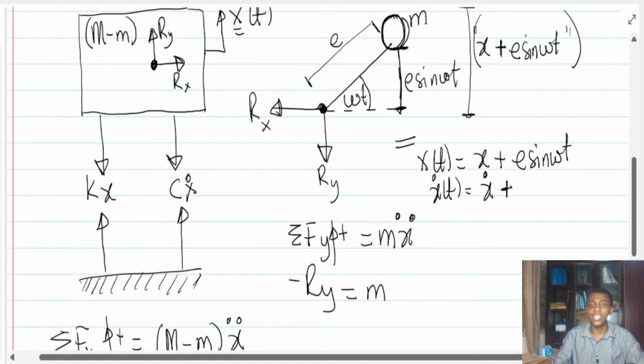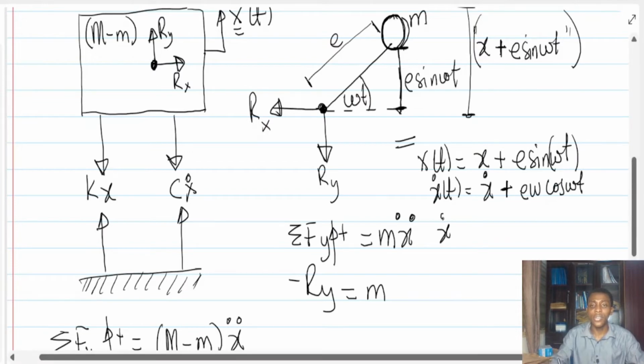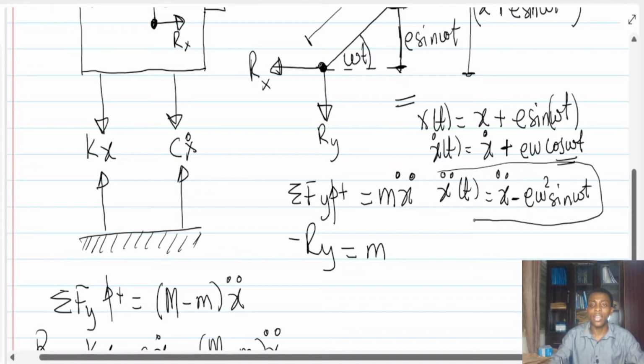And if I differentiate this, the omega will come out, and differentiating sine gives cosine. So it's e omega cosine omega t. That is the first derivative. Now, the second derivative will be x dot dot plus, no, sorry, minus, because if I differentiate cosine, I get negative sine. So it's going to be minus e omega squared sine omega t. In fact, this is the double derivative we are after.